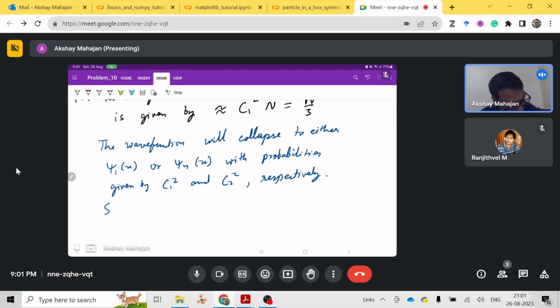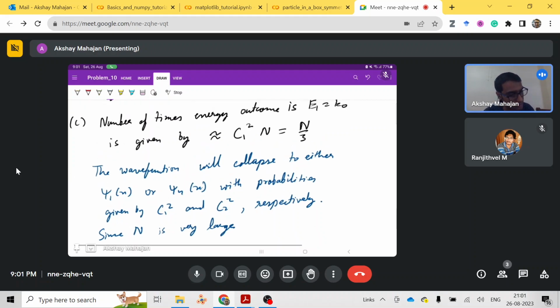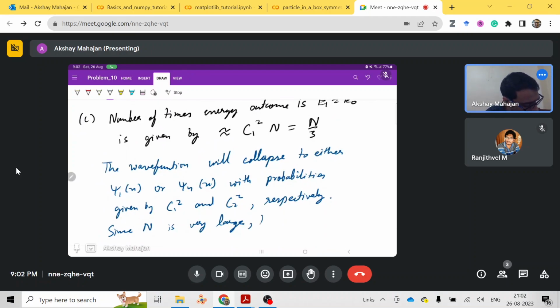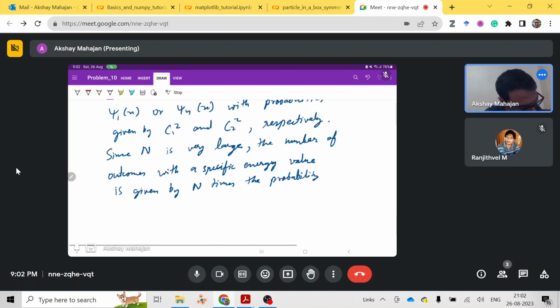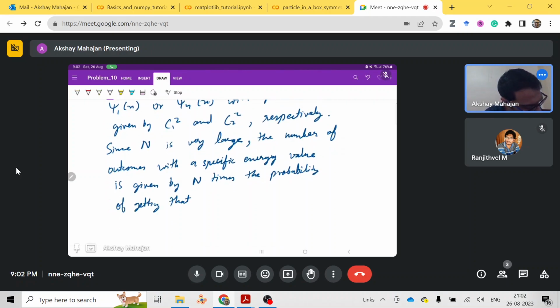Since n is very large, the number of outcomes with a specific energy value is given by n times the probability of getting that outcome.